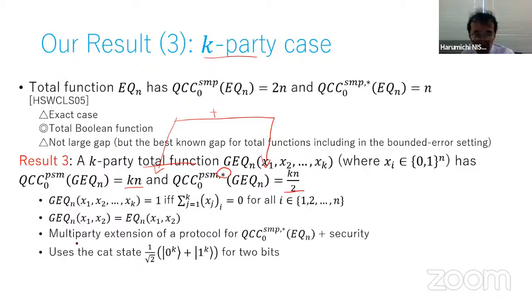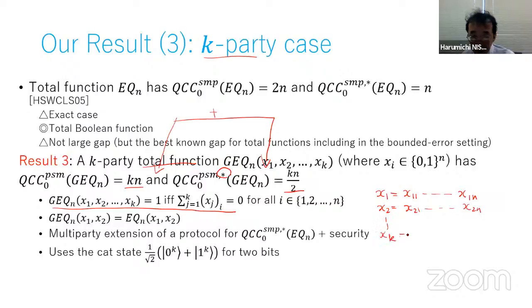In fact, this function is a kind of natural extension of the equality function. If this condition holds, then this generalized equality function is 1. This means x1 equals x11 to x1n, an n-bit string, x2 equals x21 to x2n, like this.